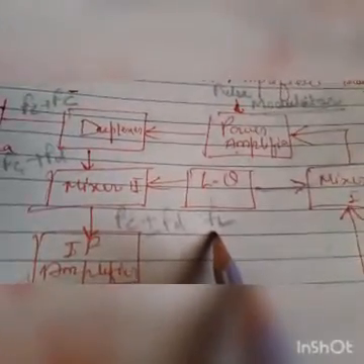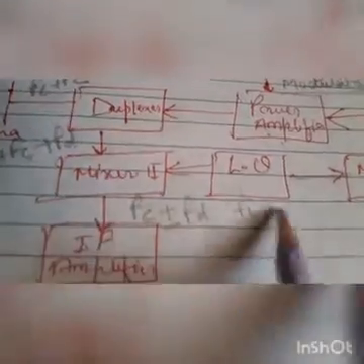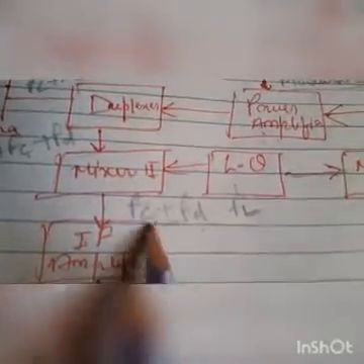Because there is FL, and here also we get FL plus FC plus FD, so FL will get cancelled out. We will get FC plus or minus FD because the mixer produces the sum and difference.